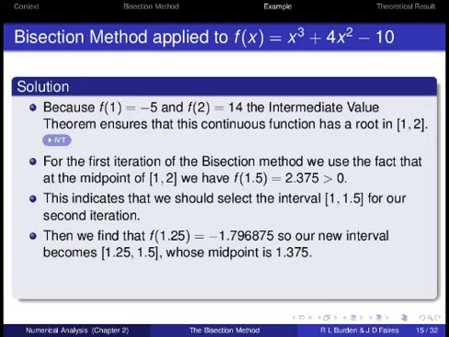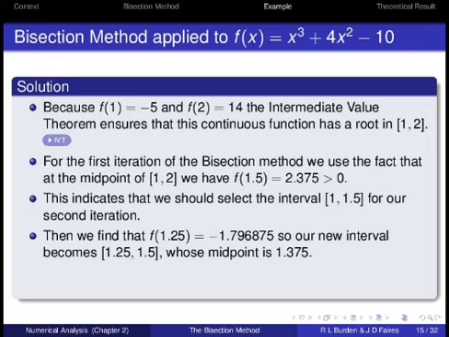So again and again we use one very simple technique. 2.5 divided by 2 is 1.25, and if we substitute 1.25 in the function, the function value is minus 1.7969.